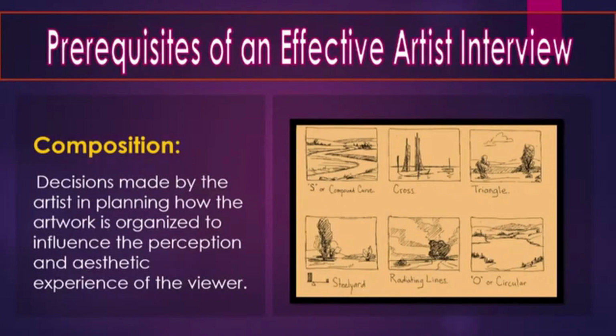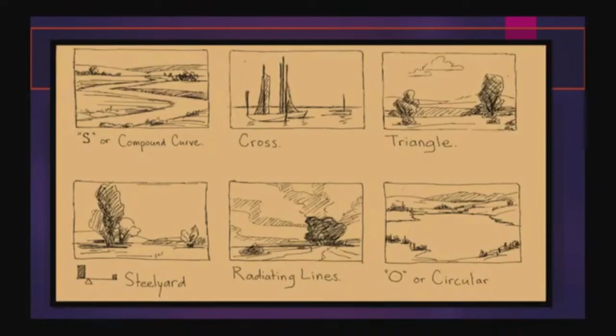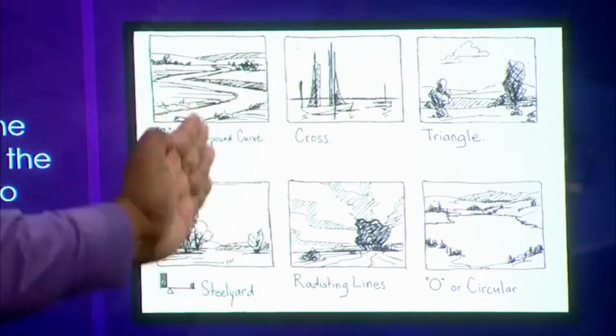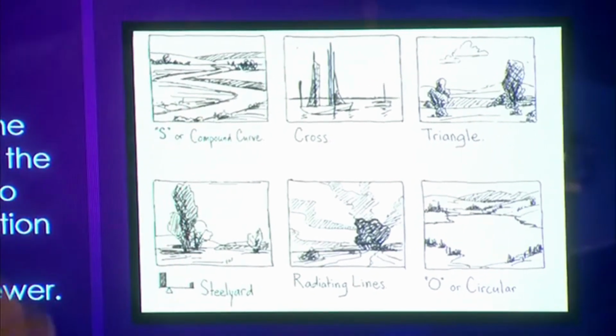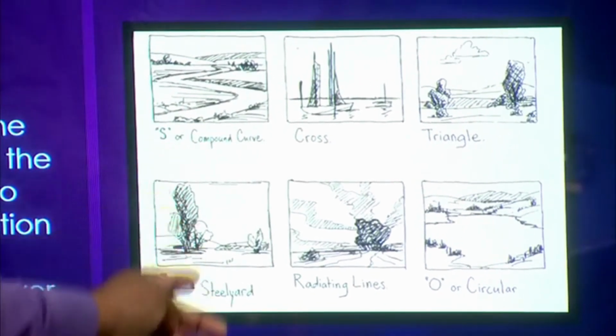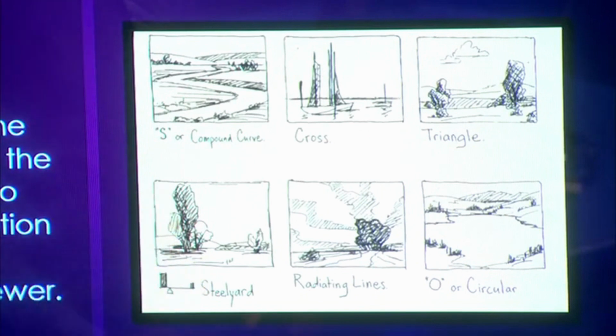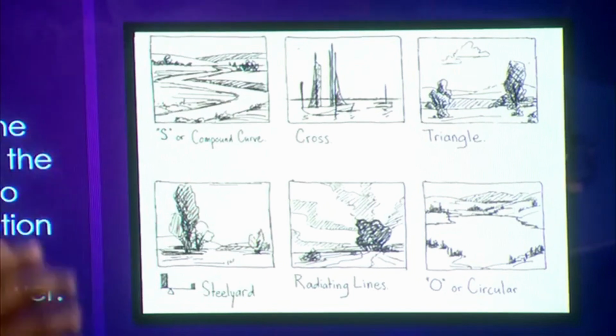Now let us just focus a little bit on one of these. If you look at the steelyard, which is this one right here, what you will notice is that the compositional device known as isolation would have been used. This part of the subject matter or the composition is isolated from the other. This half of the composition is occupied largely by this tree, what appears to be a tree in the foreground, as opposed to this aspect here that has a smaller one in the background.